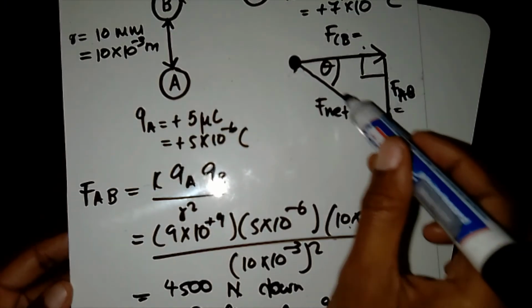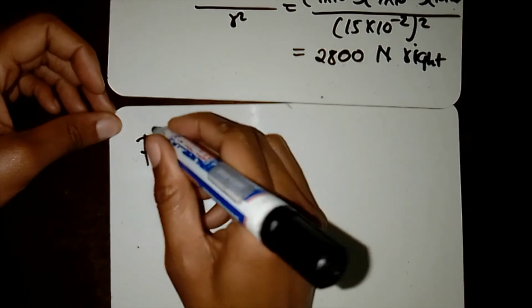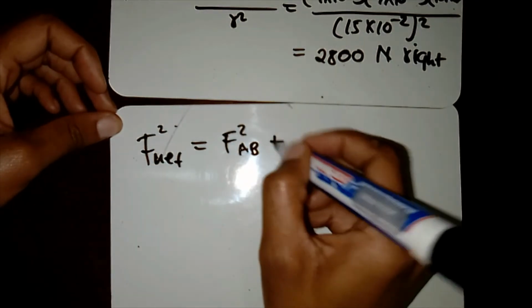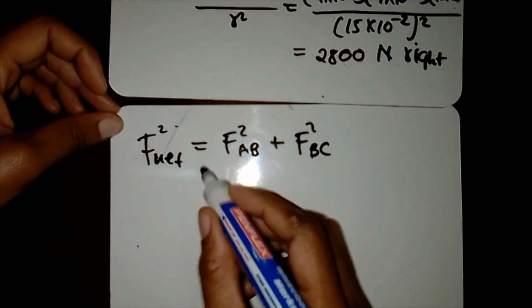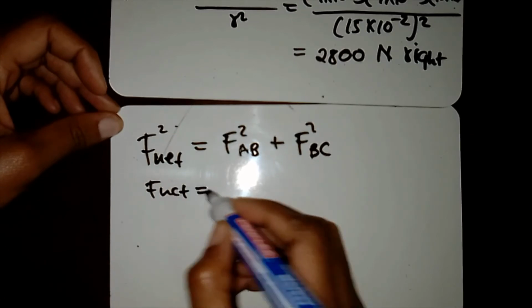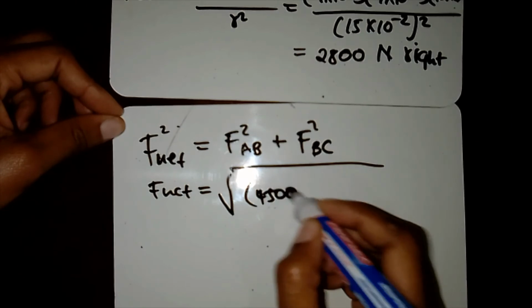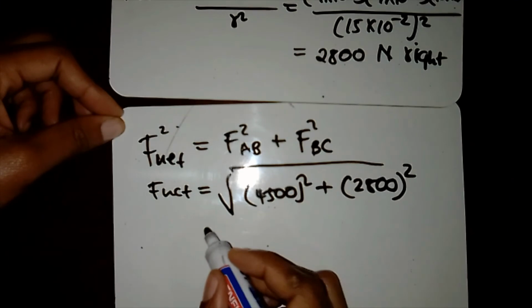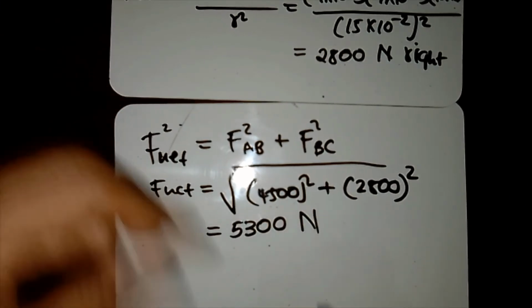To find the hypotenuse, we simply use our Pythagoras theorem, where F net squared will equal F squared AB plus F squared BC. And then to find F net, we simply put everything in a square root. So 4,500 all squared plus 2,800 all of it squared, and that gives you a value of about 5,300 newtons.